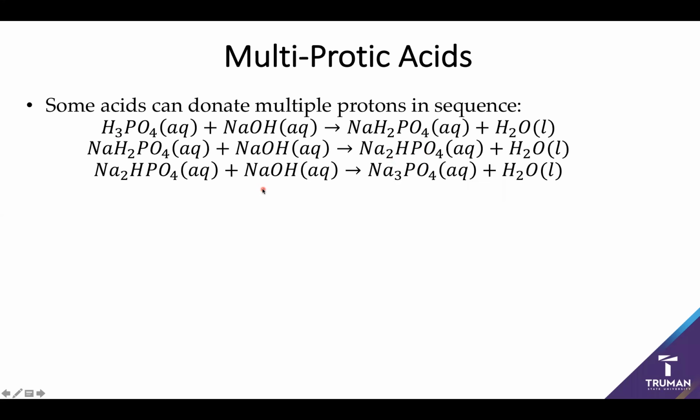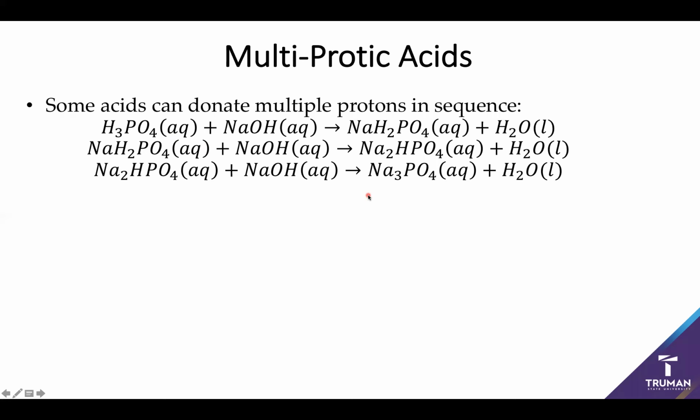So in this case, phosphoric acid has 3 acidic protons, all of which are fairly easy to remove. And so whenever you're looking at phosphates in solution, they're almost always complicated by the fact that you may have multiple of these acids or bases present at once.